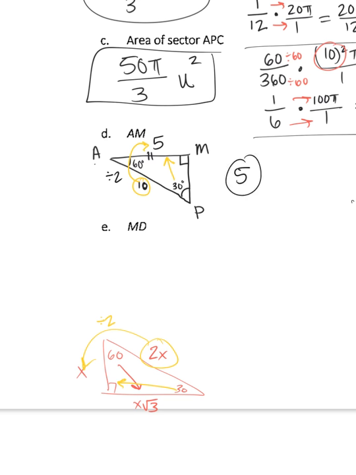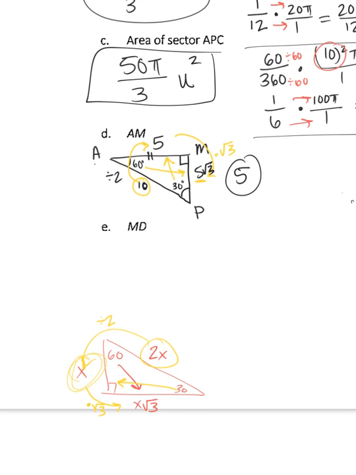If I kept going on this circle, I'm now here and I know that this is 5. To get to the side across from 60, or in other words this spot, I'd have to take that number and times it by root 3. So that means this side must be 5 root 3.